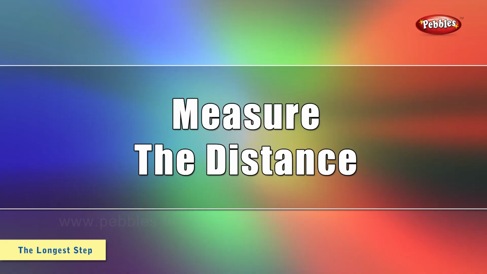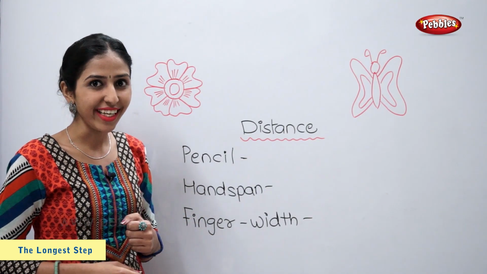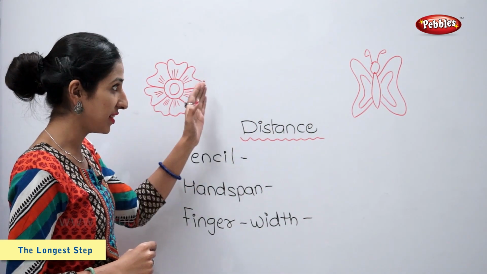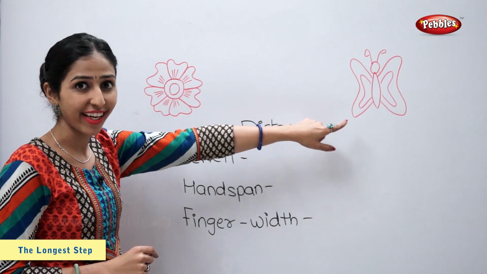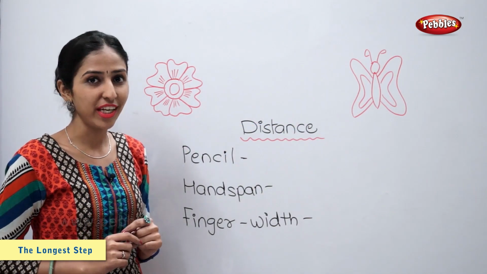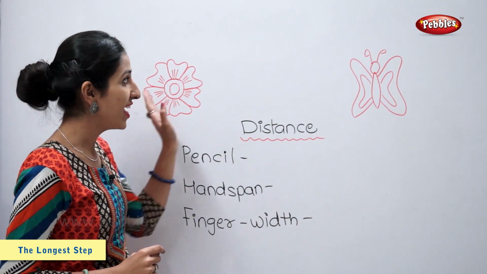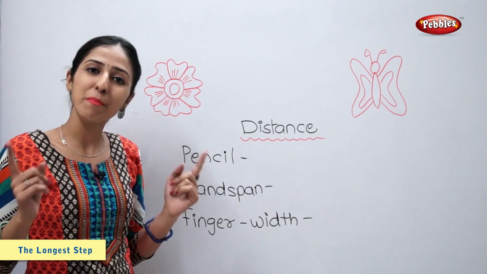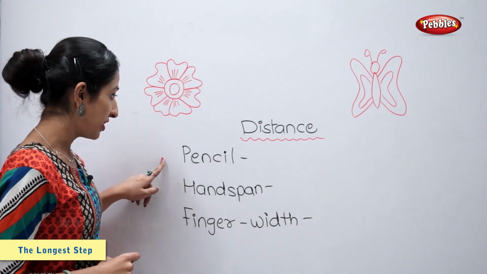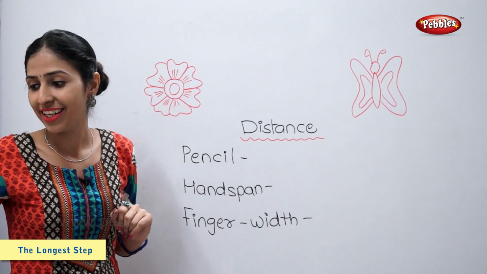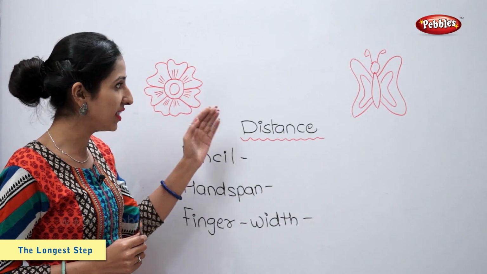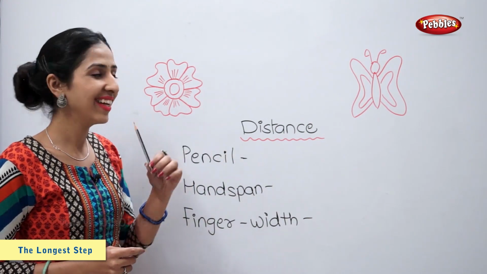Measure the distance. Students, as you can see, there is a flower on the board and at some distance there is a butterfly. Now, let us measure the distance between this flower and the butterfly using these units of measurement. First is pencil. Let's measure the distance using this pencil.